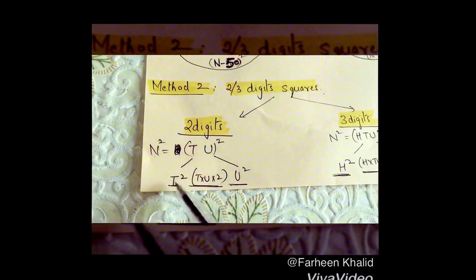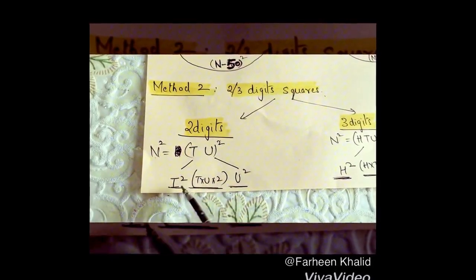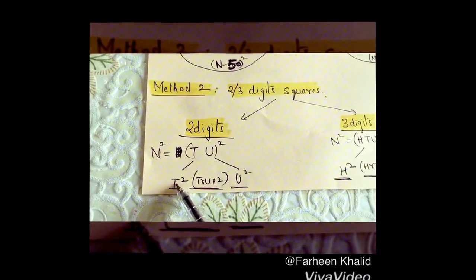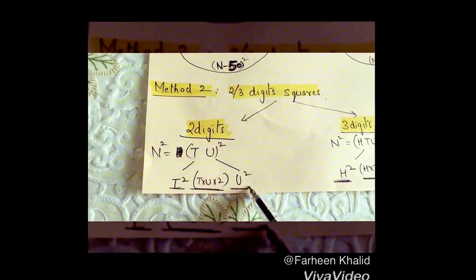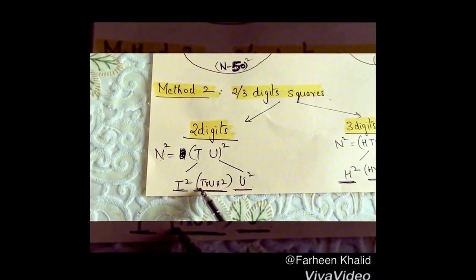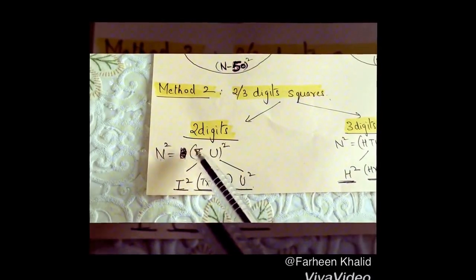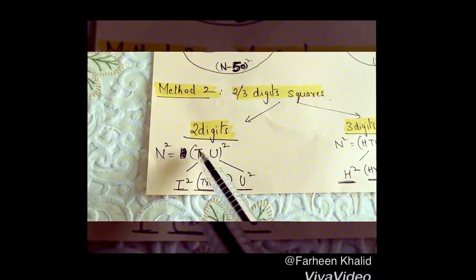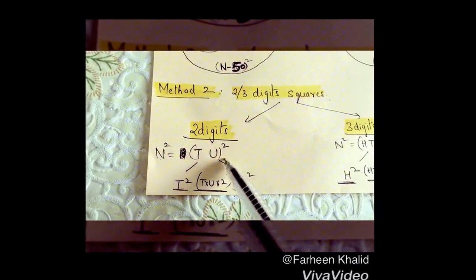first is we square the t. Let's make 3 spaces, and then you have t square. The first part is t square, the second part is u square. You square the units digit as well and you put it here. Then to find the middle term, you multiply the tens and the units and the 2, all 3 together.